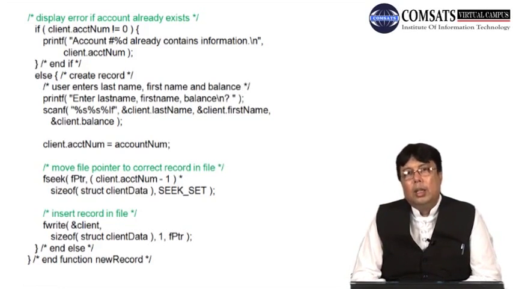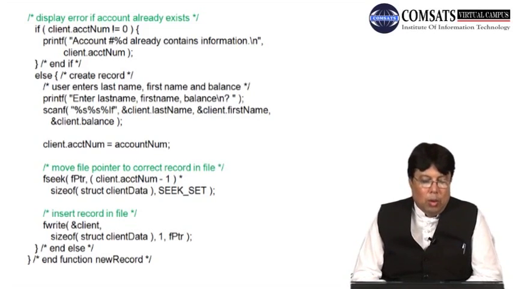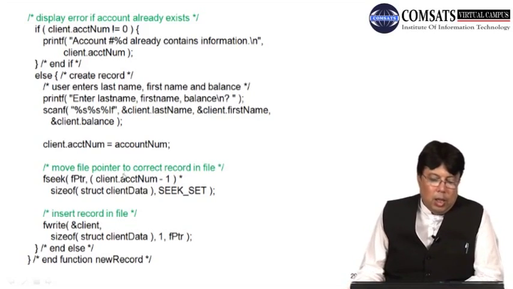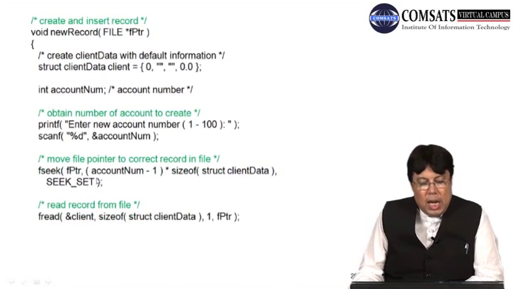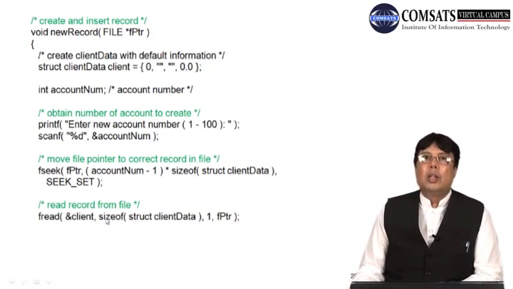I cannot hear from you, but I know that you know the answer. So for the sake of your curiosity, I can give you the answer as well. The last time when we seeked the pointer to the start of that record, we then carried out the fread. Once I carried out the fread, the pointer goes to the start of the next record, not the start of this record.